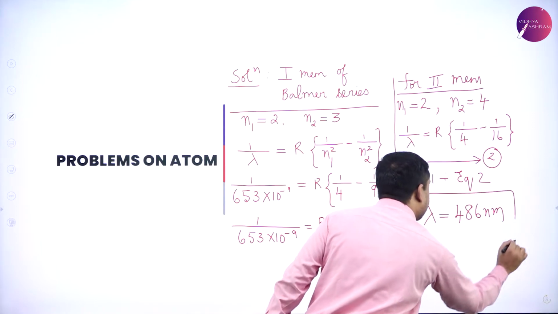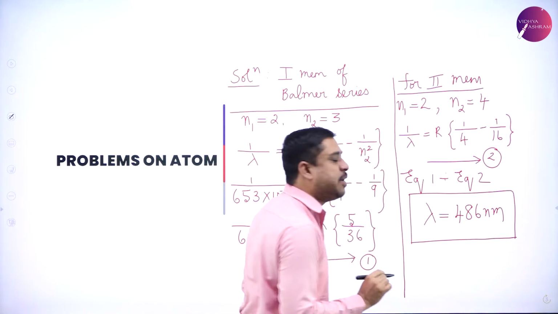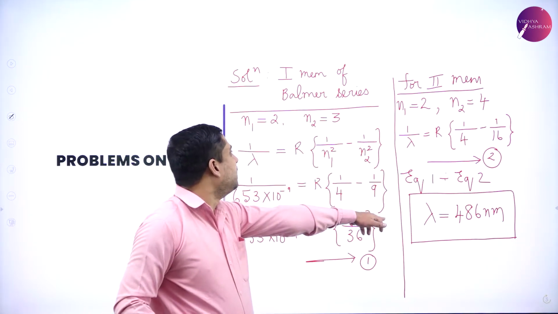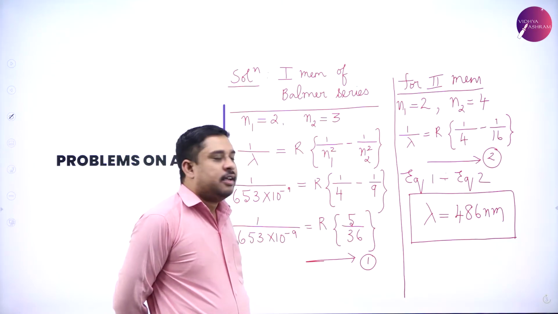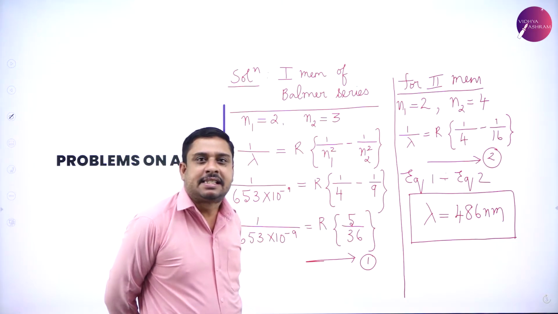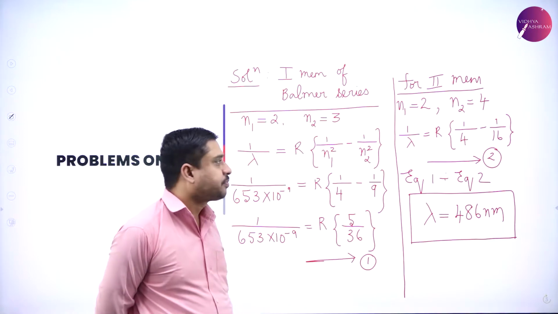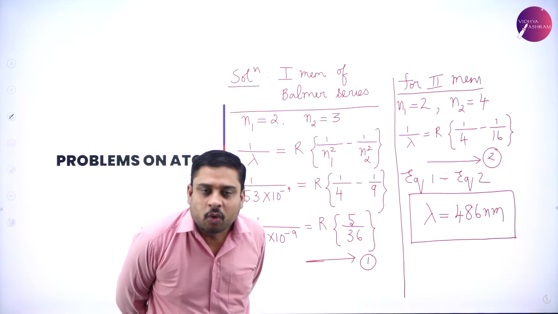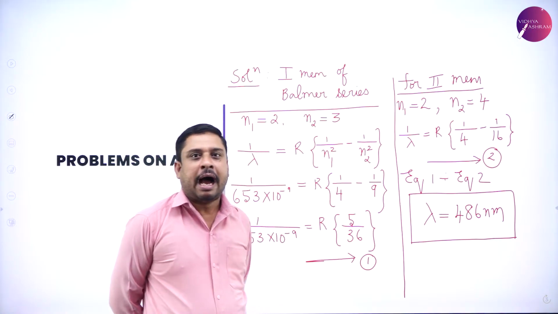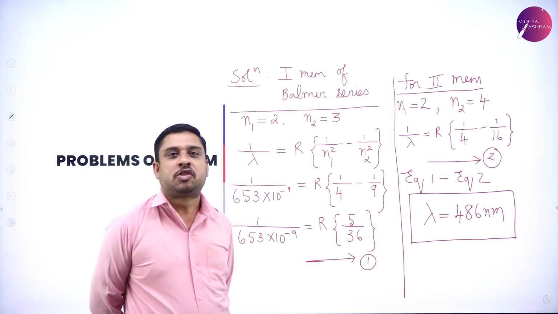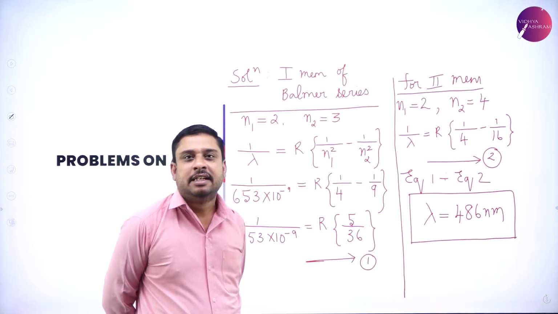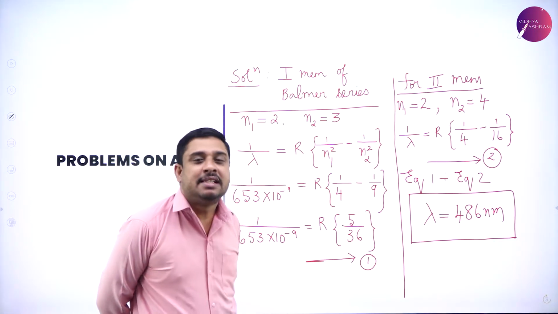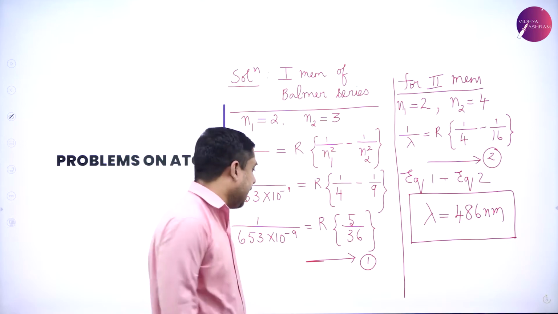So the wavelength of the second member of the Balmer series is 486 nanometer. Is the problem complete? No. I have also been asked to calculate the frequency of the second member.